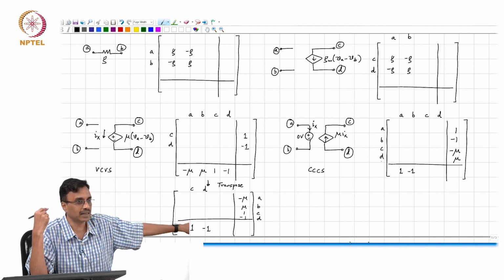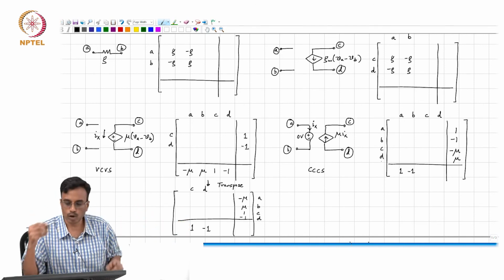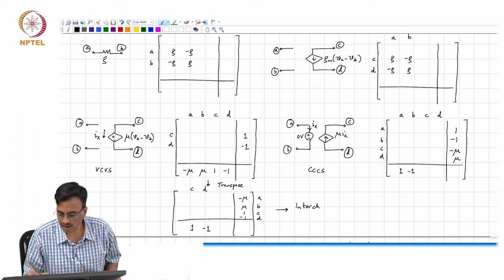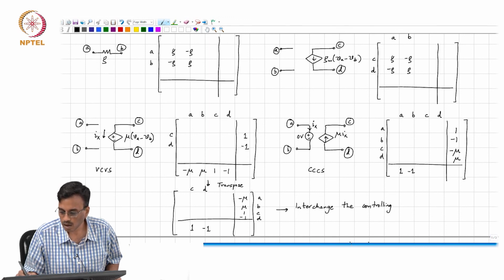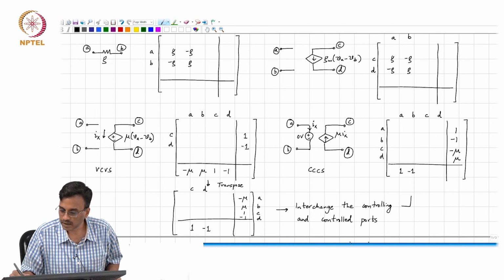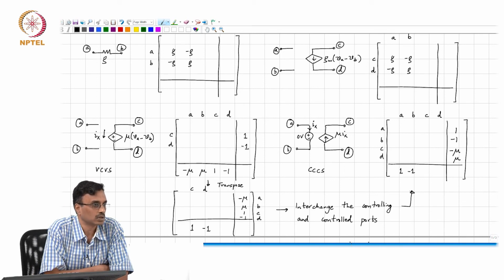There is a twist: you have to interchange the controlling and controlled ports, and then you will get the current controlled current source. Does it make sense, people?